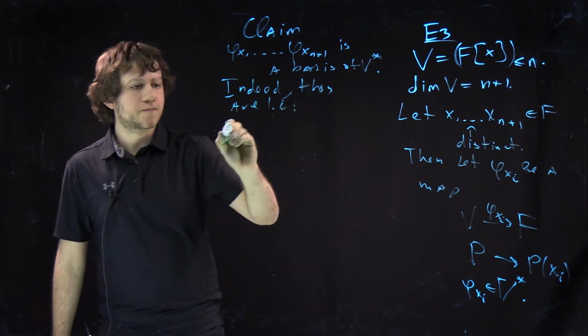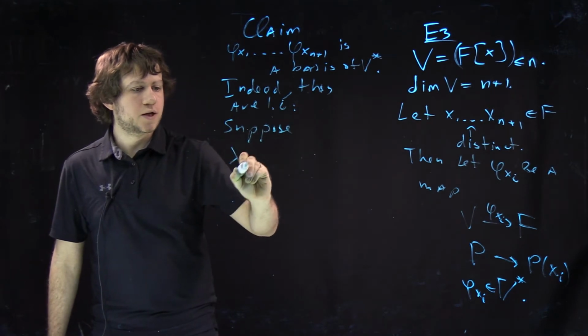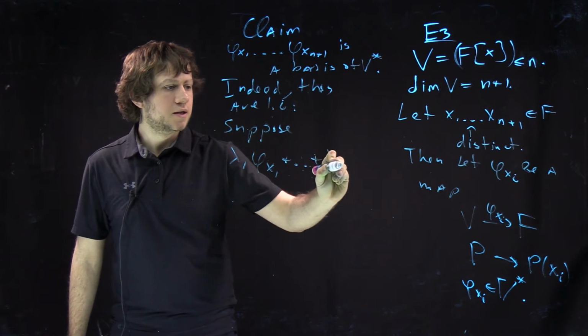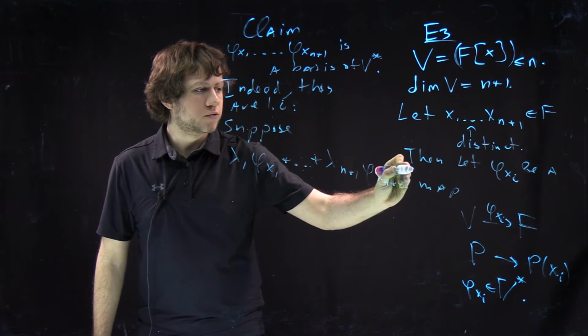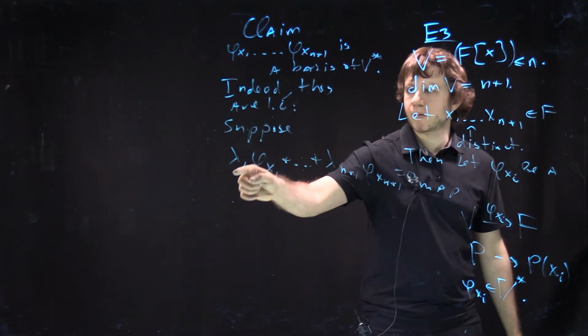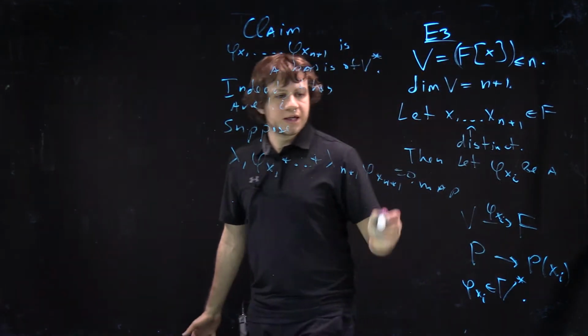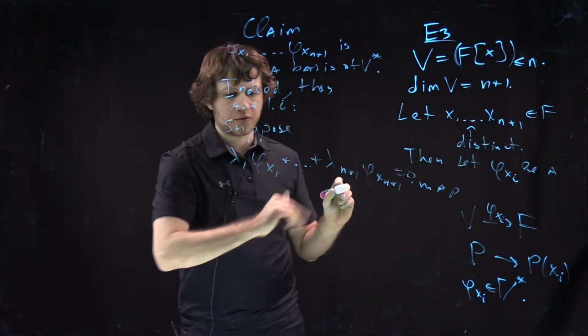So suppose lambda_1 phi_{x1} plus ... plus lambda_{n+1} phi_{x_{n+1}} is equal to 0. This is a map which takes a polynomial p and sends it to lambda_1 p(x1) and so on, plus lambda_{n+1} p(x_{n+1}). We know that it equals 0 for every polynomial we plug in.